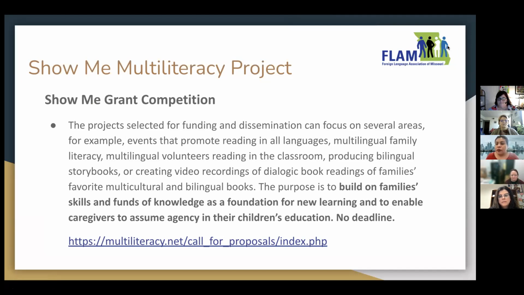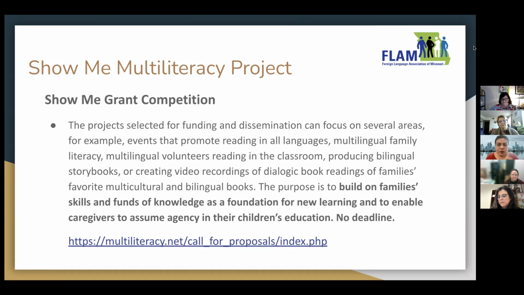So if you have any ideas about how to develop these types of projects and submit a grant, please share, because we have been invited to participate with language teachers. Sometimes the task could be huge, and we could think, oh my God, this is so much, I cannot do it right now. But if we work in collaboration, we can support each other, see different examples, and apply for them, because this is what we want.